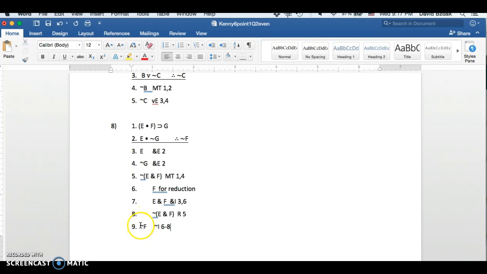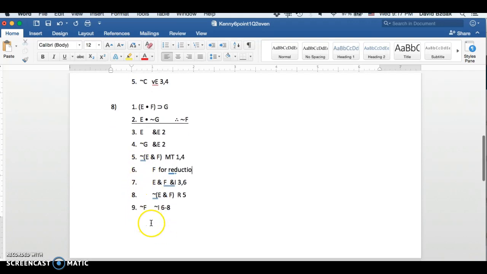So we introduced this negation right here. And the reason it's 6 through 8 is because line 6 was the line we made the assumption for reductio, and line 8 was where we finished the contradiction. So the subderivation was all the indented stuff. That's line 6 through 8. And remember, it's a dash or a hyphen there because it's that whole subderivation, not just 6 and 8, but 6, 7, and 8.